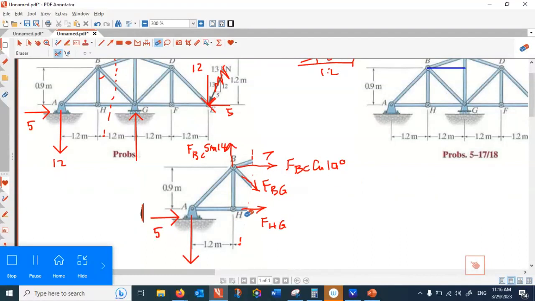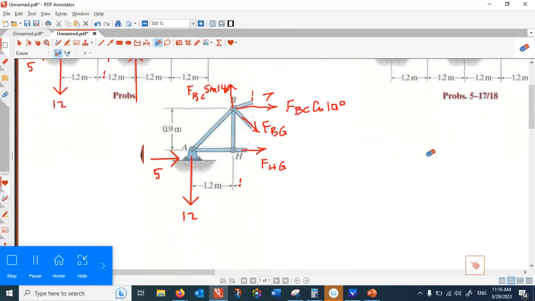All right, in that case, if we take center of rotation at G, net rotation with respect to point G equal to 0.